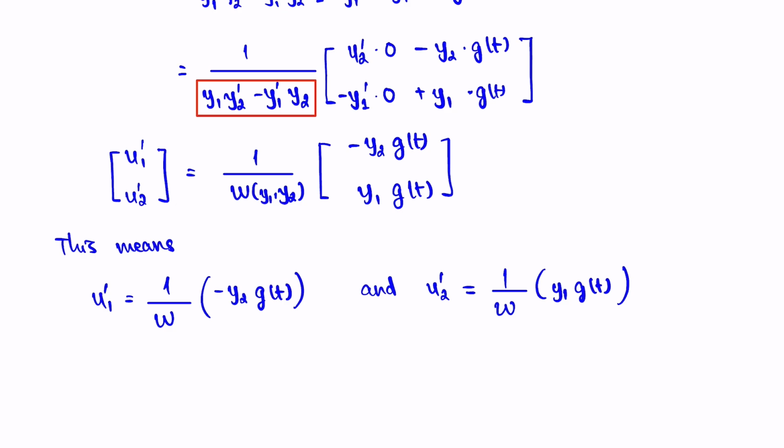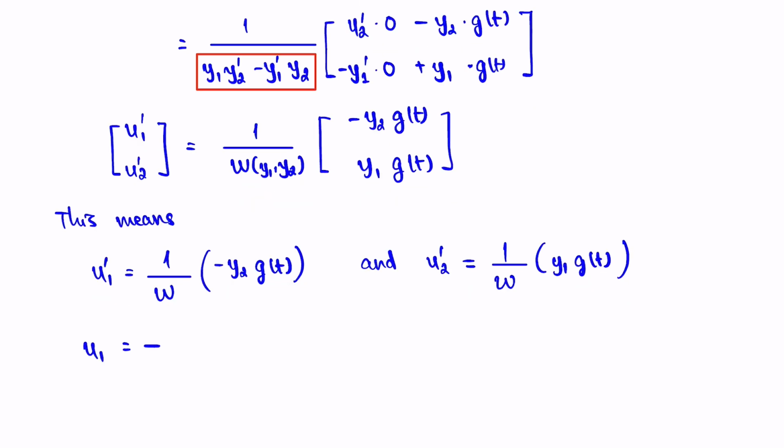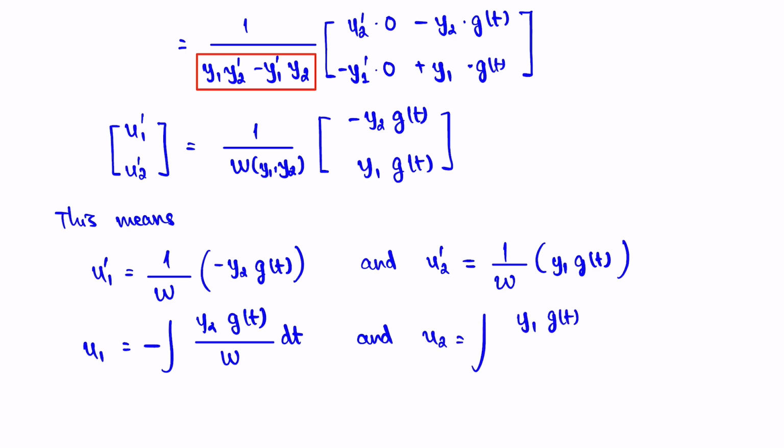To get the representation of u1, you just integrate both sides of this equation with respect to t, and likewise for u2. So u1 is equal to negative the integral of y2 times g of t divided by the Wronskian dt, and u2 is equal to the integral of y1 times g of t over the Wronskian with respect to t.